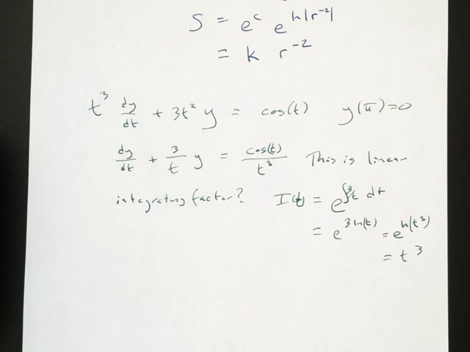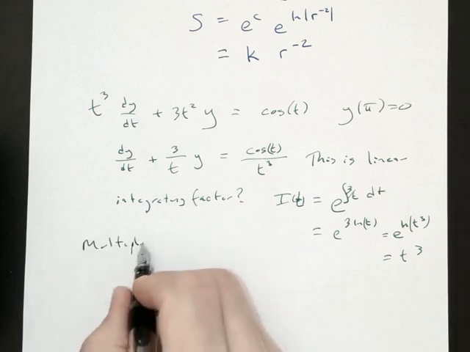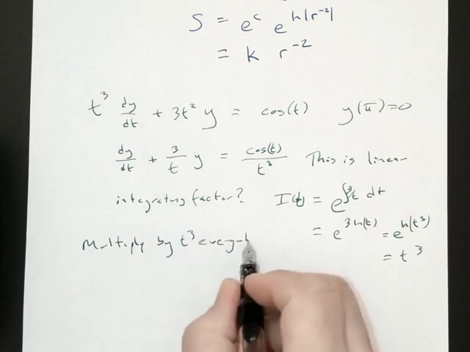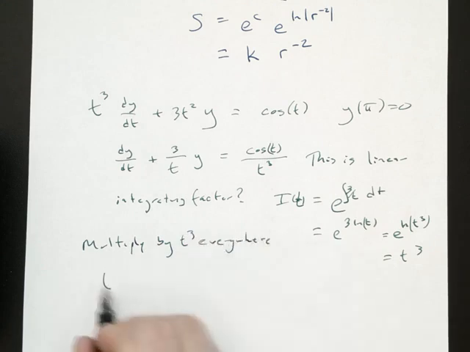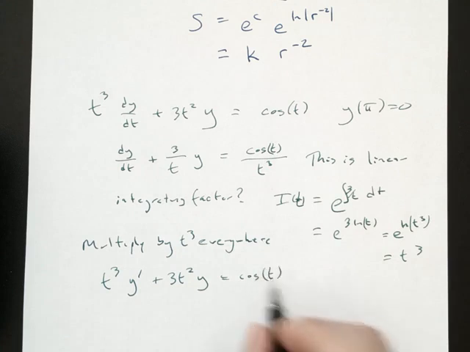This is why I was apologizing. Because I didn't recognize that this was already in the product rule form that I needed. The t cubed times the derivative of y, and then plus, hey, 3t squared is the derivative of the t cubed.